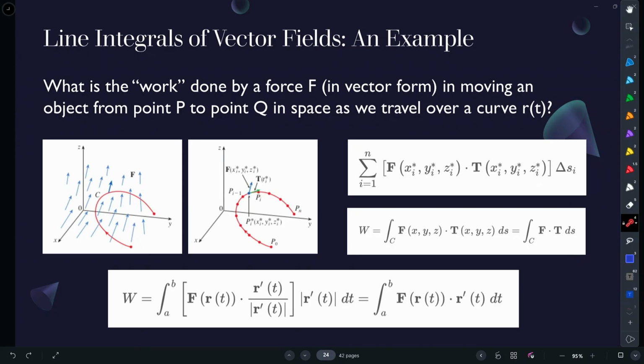We're integrating a vector, and this is a dot product. So we can't quite apply the chain rule or u substitution out of the box, but we'll get there. In any case, this is how you compute work.